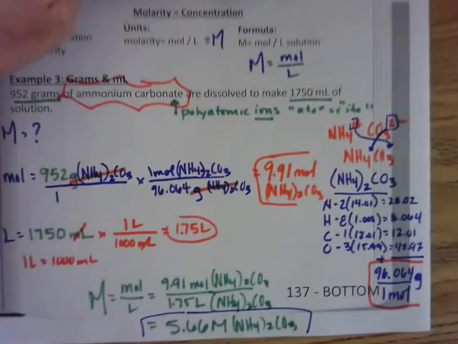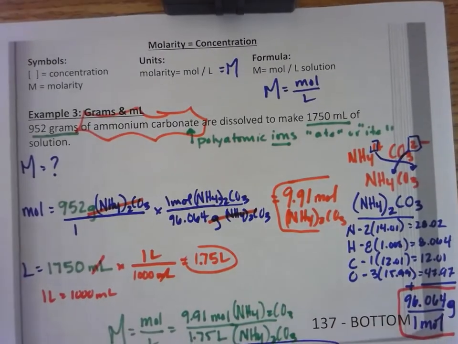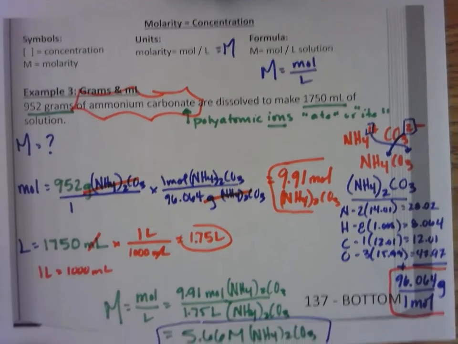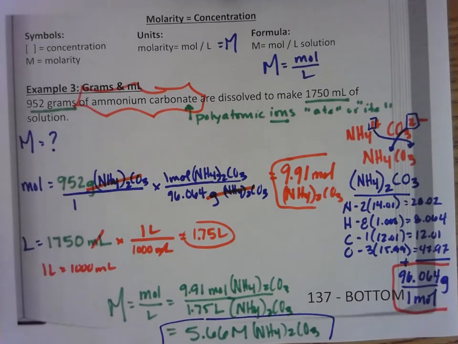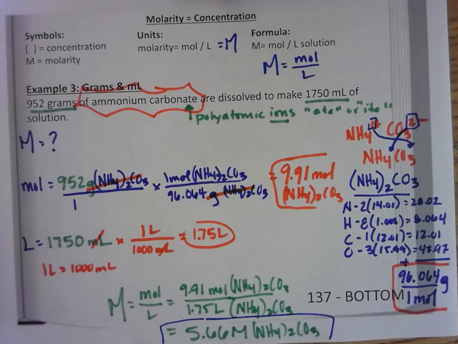Alright, so there we have it. That is calculating molarity when you're provided grams and milliliters. Do keep in mind that converting from grams into moles is an old skill that you've already learned.